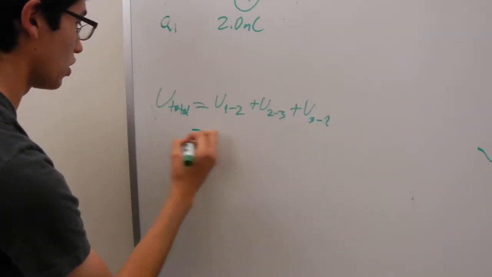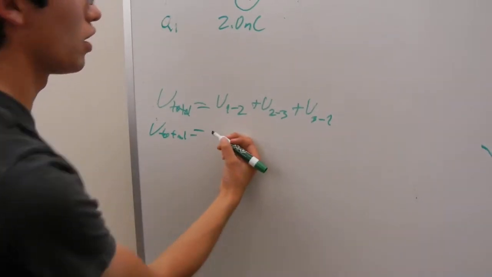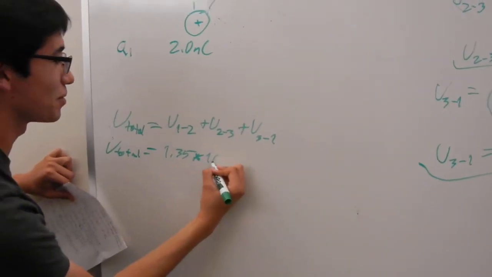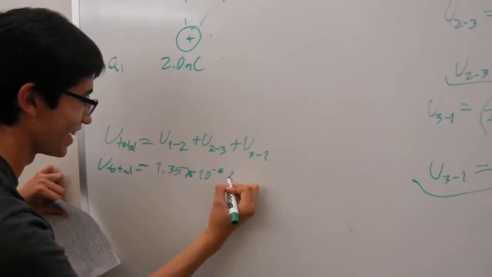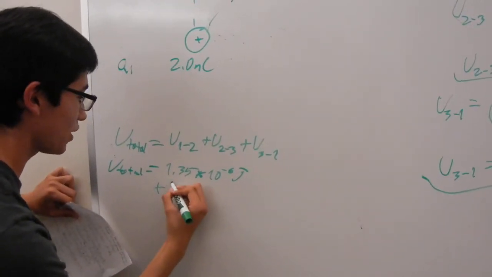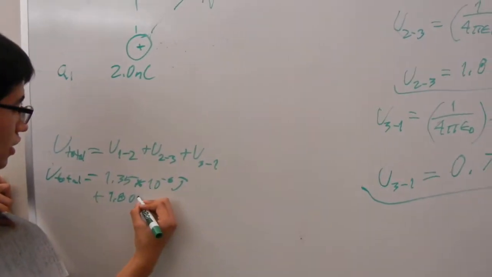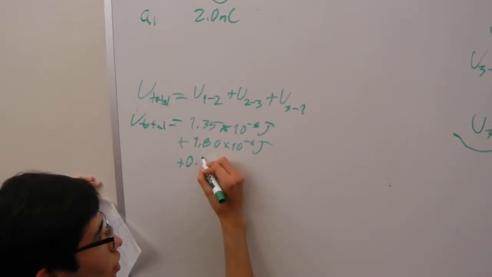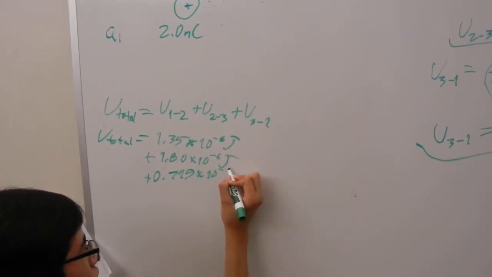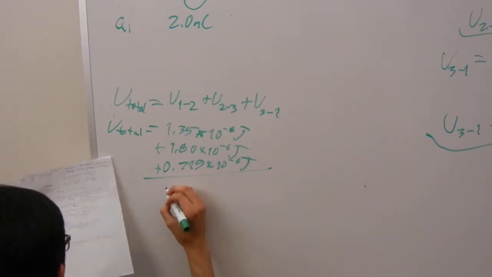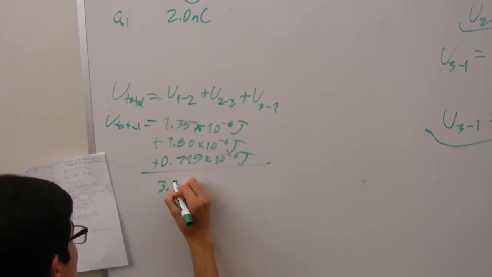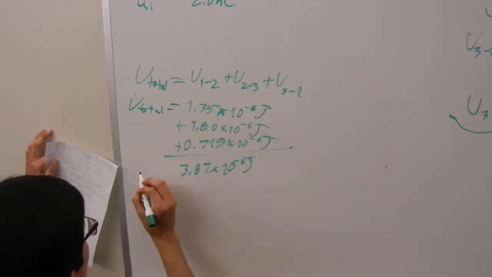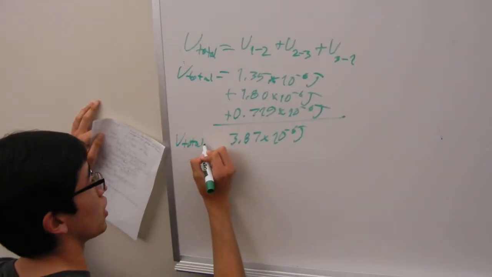So that's equal to 1.35 times 10 to the negative 6 joules plus 1.8 times 10 to the negative 6 joules plus 0.719 times 10 to the negative 6 joules, which is equal to 3.87 times 10 to the negative 6 joules, which is the total potential energy of the system.